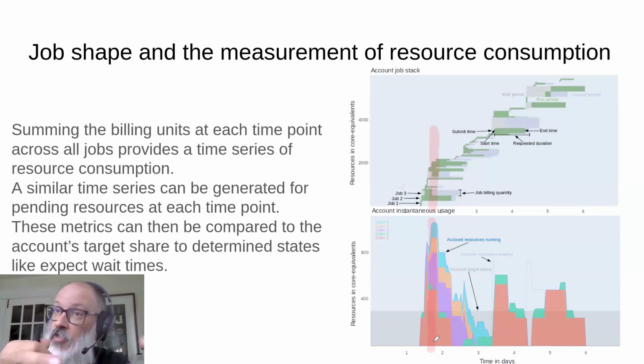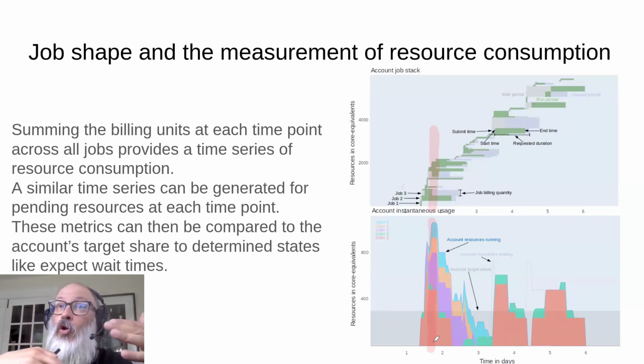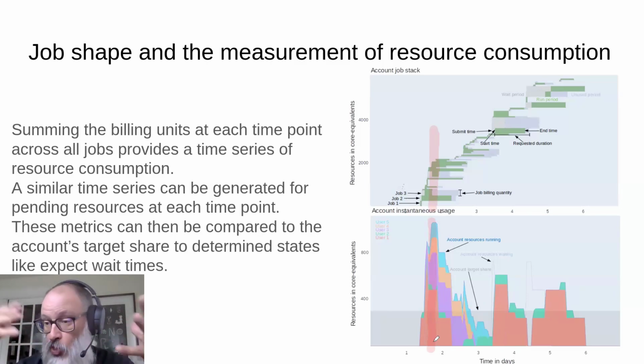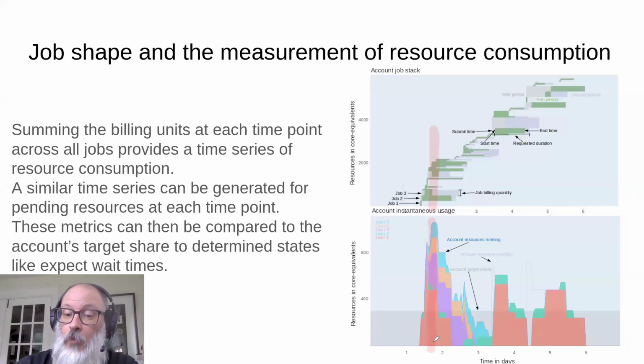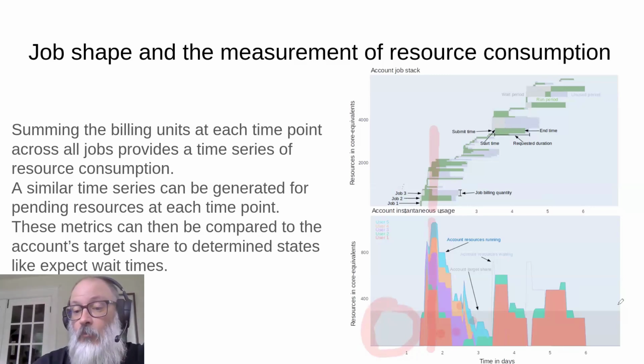For example, your default account on the system that you submit jobs to, or your rack account that your team is submitting jobs to. Each of the different colors represents a different user within the group that was submitting jobs to that account. Now, what we can see is, of course, that the resources that are consumed go up and down and are often idle, where researchers don't need to be submitting jobs at that time.